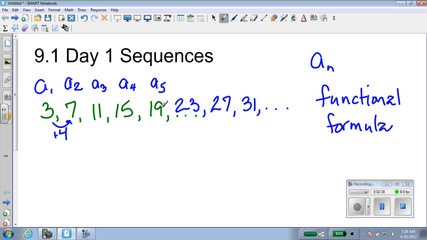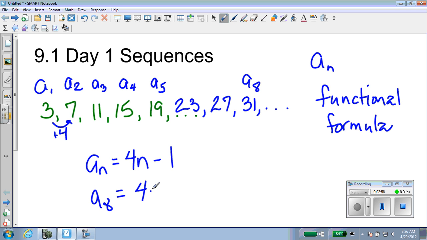But for now, I will tell you that the functional definition of this sequence is A sub n is equal to 4n minus 1. So if someone said, find the 8th term of this sequence, I would say, oh, A sub 8, 4 times 8 minus 1, 31.